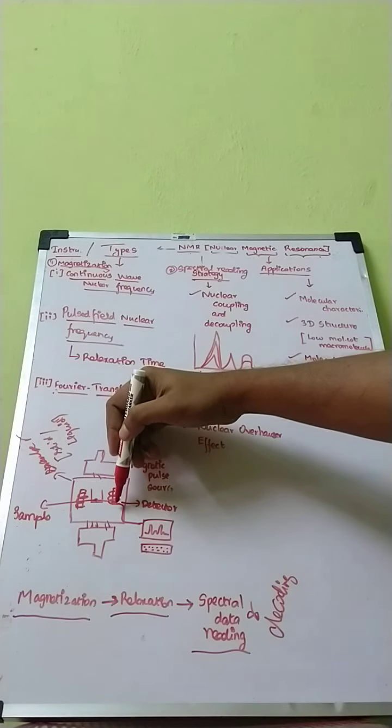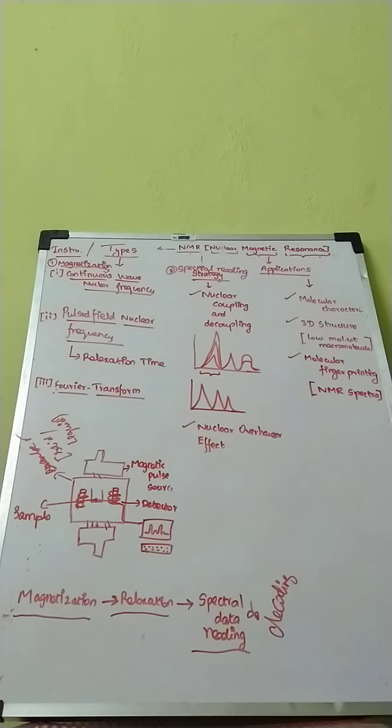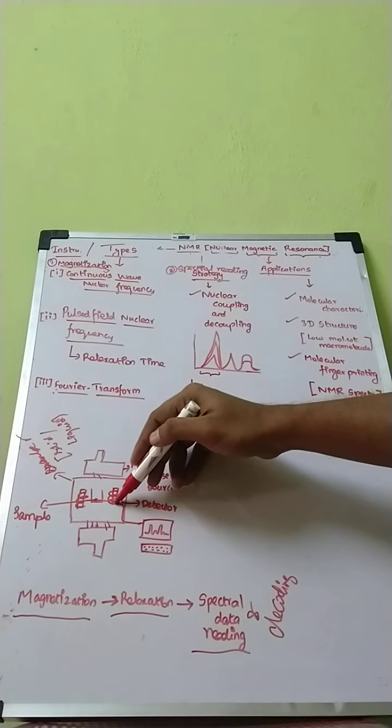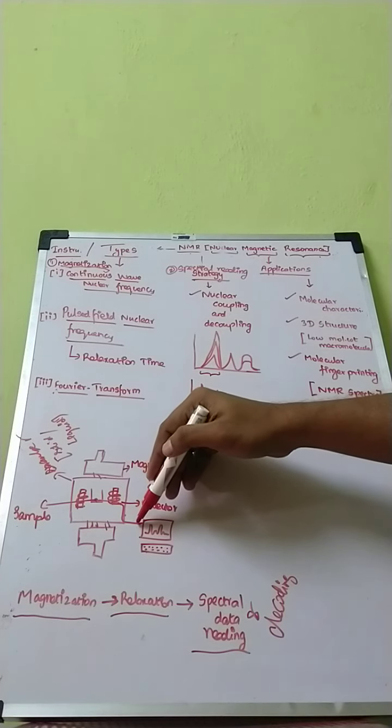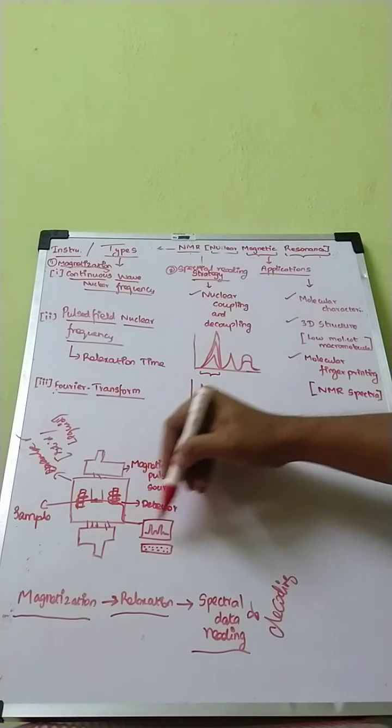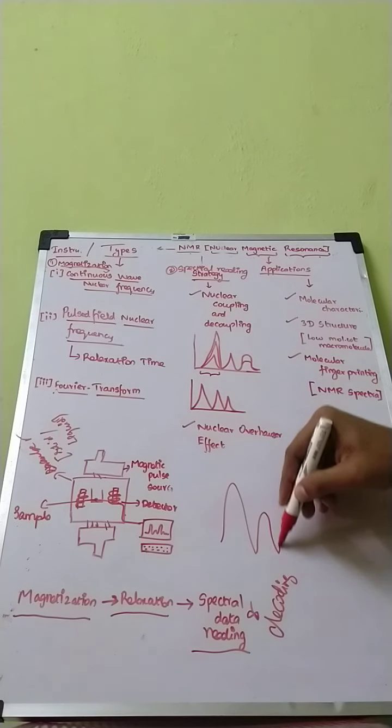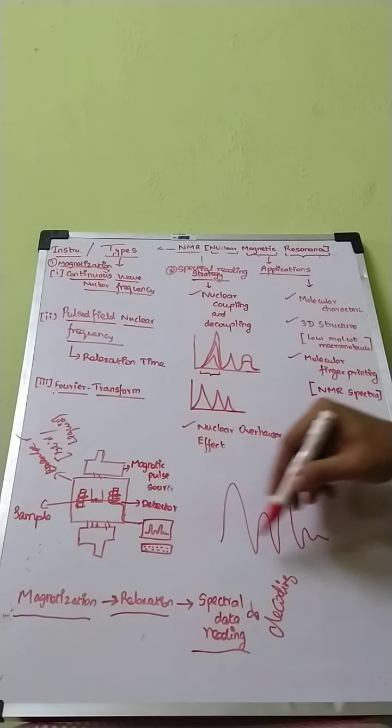These coils receive the signal either in the form of electromagnetic radio frequency or thermal frequency. In nuclear magnetic resonance, in most cases it will be reading that electromagnetic resonance frequency, and this detector converts it into an electric signal, which will be converted into a spectral peak depending on the electron energy potential.